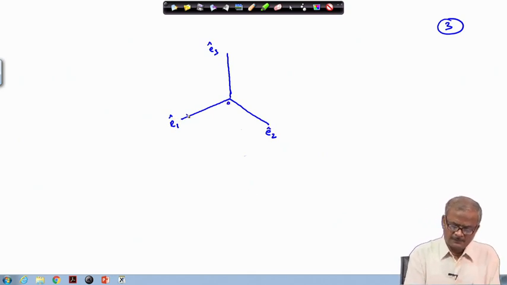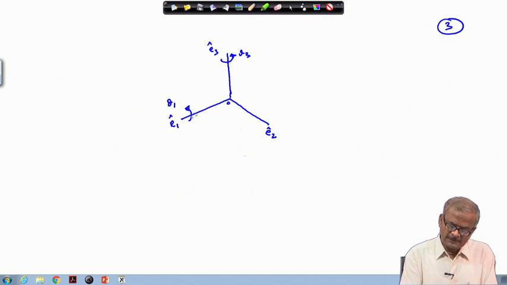We give this an anticlockwise rotation by theta 1, and another anticlockwise rotation about this by theta 3. Because of this rotation, it goes from this place to this place. I will show it in another color.